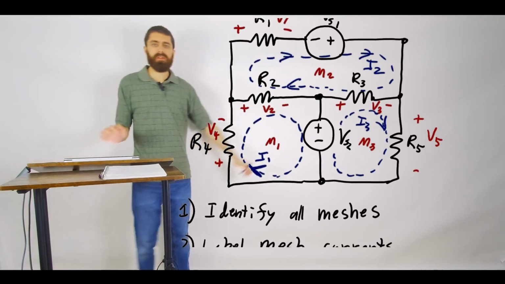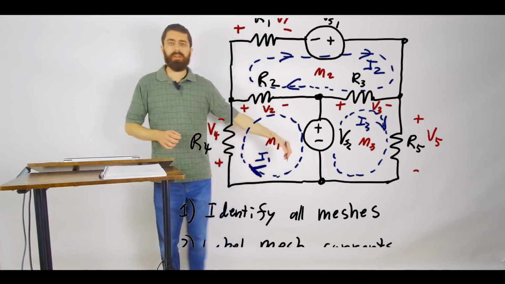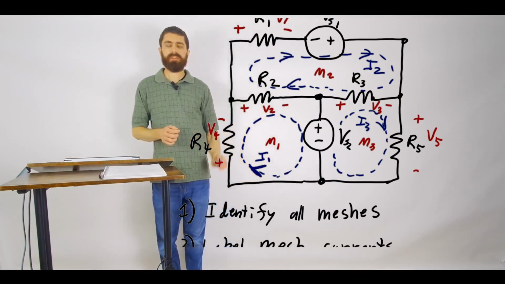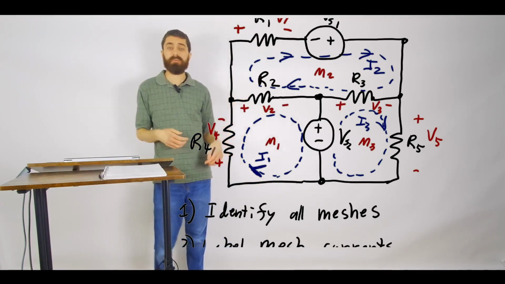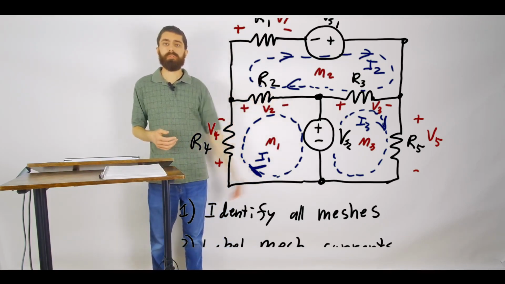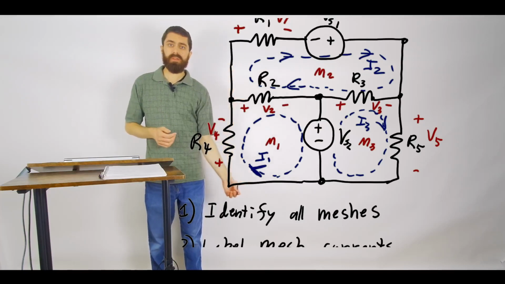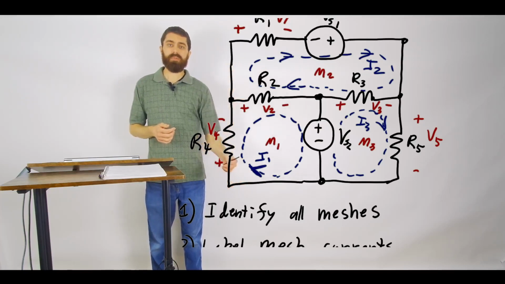Mesh 1. Let's go around the loop. First sign that we hit is the sign of the voltage in our summation. We're summing all these voltages and it should be equal to 0. So we hit this first sign, that's a plus sign.